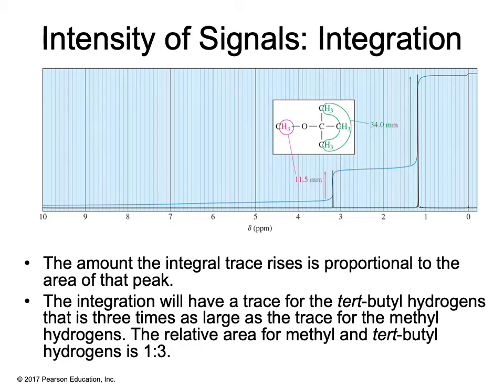You can actually measure with a ruler the height of the peaks, and you can see that the peak that's at 1.2 ppm, which is indicated by the green hydrogens, is 3 times bigger than the one that's at 3.2 by the pink hydrogens, because for every 3 green hydrogens, there's 1 pink hydrogen. So there's a relative ratio of 1 to 3, with the actual ratio being 3 pink hydrogens to 9 green hydrogens. So the size of the peak is going to tell you how many hydrogens are within that signal, how many identical hydrogens that signal is indicating.